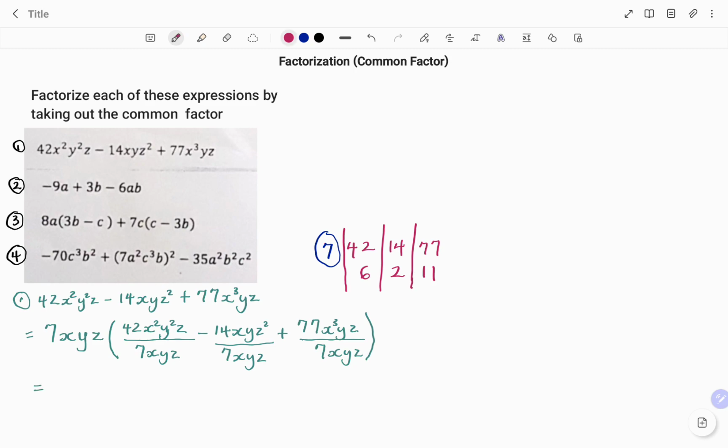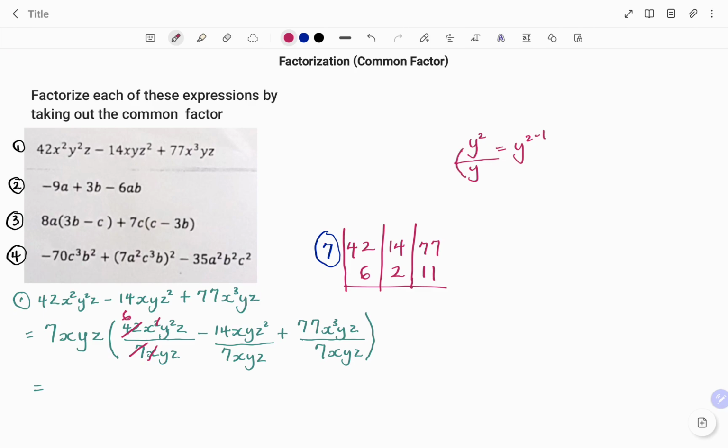We have 7 in 42 already, we did that here. That will be 6. Then x squared divided by x, that's 2 minus 1. It cancels the square. Likewise, y squared divided by y. What I'm doing is applying the laws of exponent: if you have y squared over y, that will be y to the power of 2 minus 1.